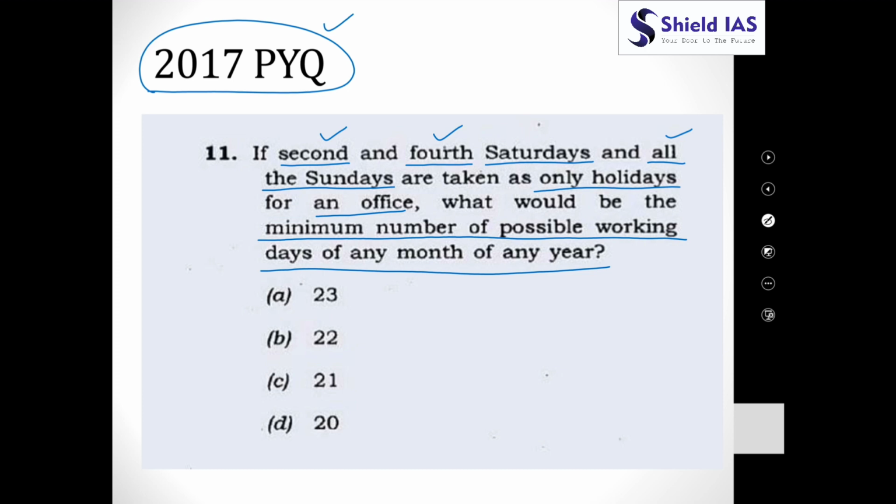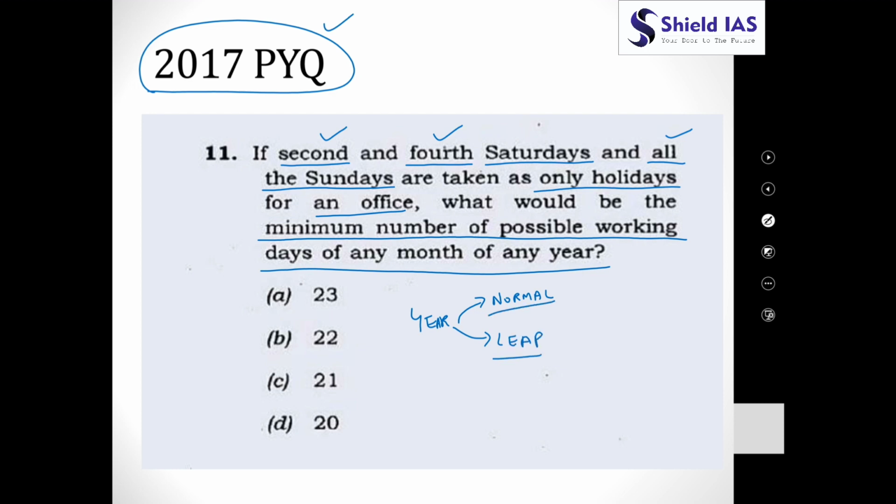So first of all, he wants an idea about the minimum number of possible working days of any month of any year. The year can be either a normal year or a leap year, so there are only two possibilities.